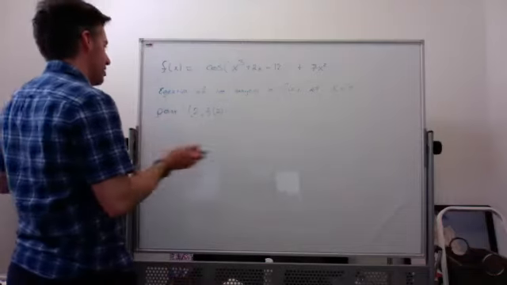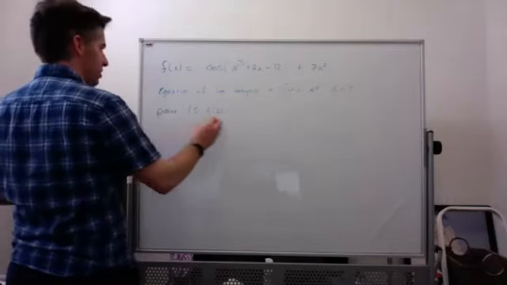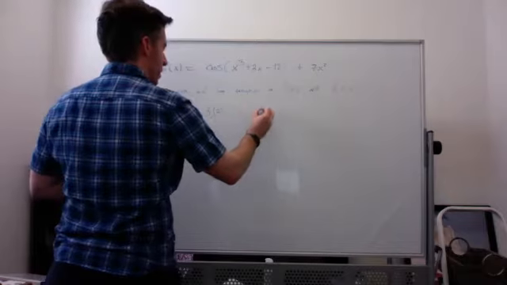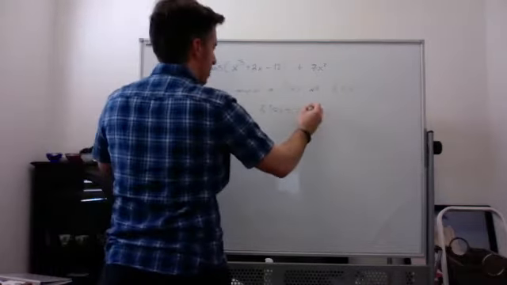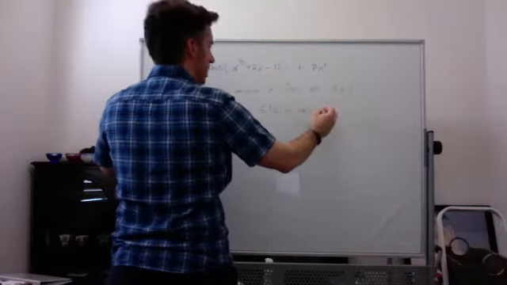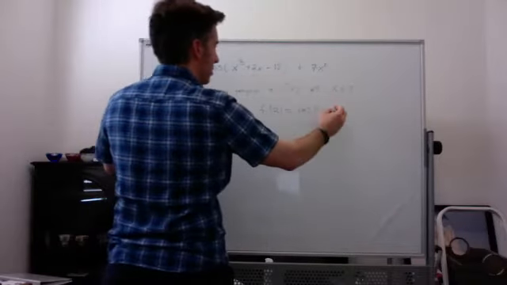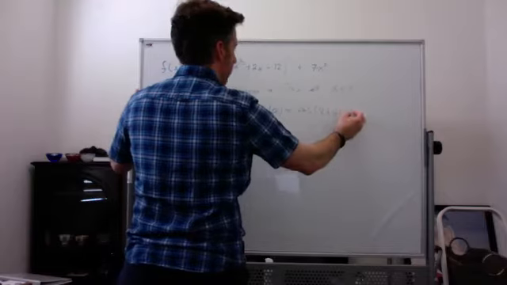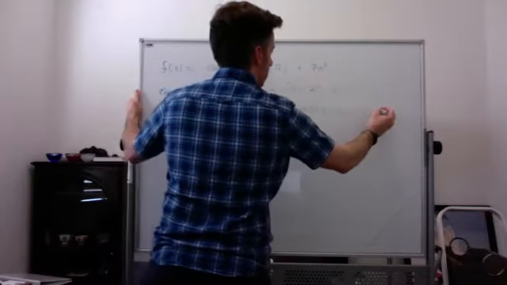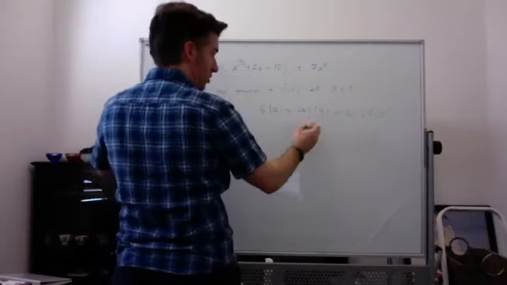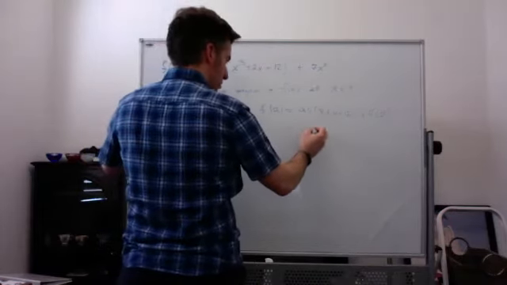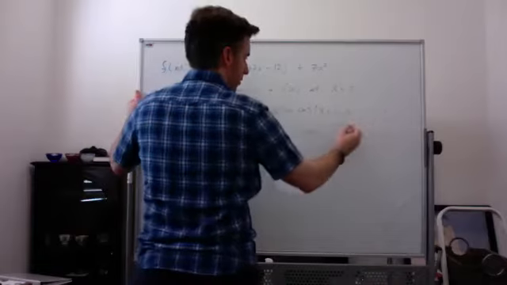So I'm going to plug in 2, and f of 2 is cosine of 2 cubed, which is 8, plus 2 times 2, which is 4, minus 12, plus 7 times 2 squared. I simplify this, I get cosine of 0 plus 7 times 4.